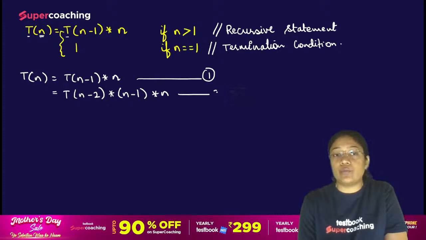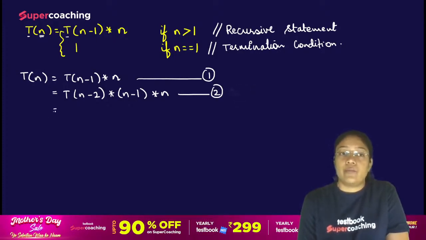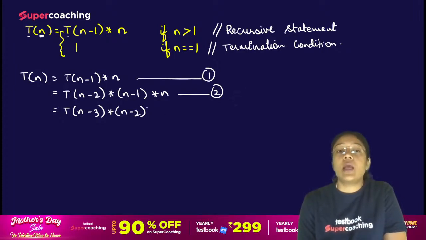This is step 2. Then n minus 3 into n minus 2. This is the value for T of n minus 2, and the remaining terms will come as they are, n minus 1 into n. This is step 3.